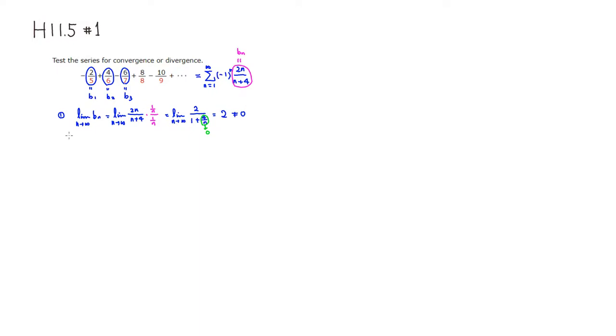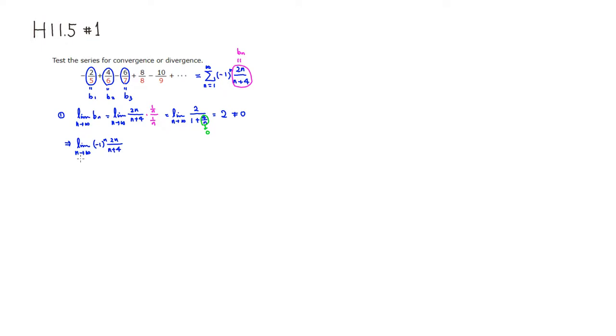Which automatically means that the limit of each term, including the negative sign, so you have (-1) to the n times 2n over n plus 4 as n approaches infinity, does not exist, because this part approaches 2 and it changes sign.